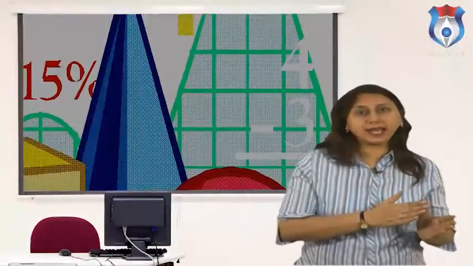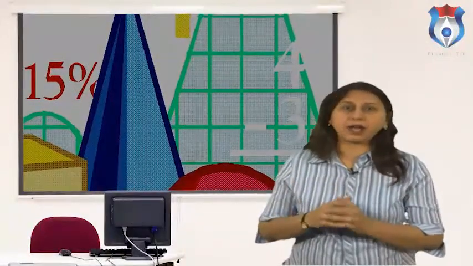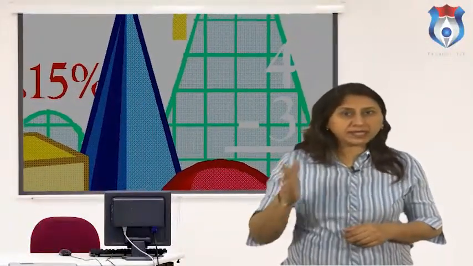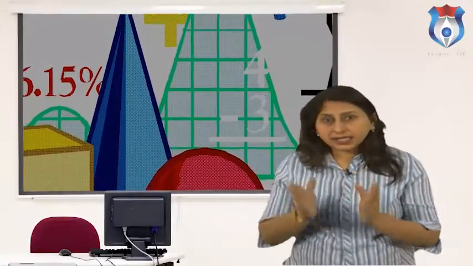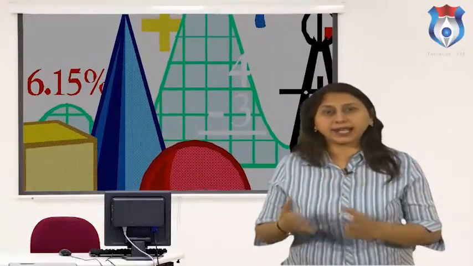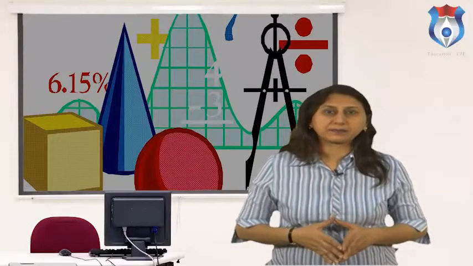A set is any collection of distinct and distinguishable objects around us. By distinct, we mean that no object is repeated, and by distinguishable, we mean that we can decide whether an object is in our collection or not. The objects belonging to a set are called elements or members of that set.